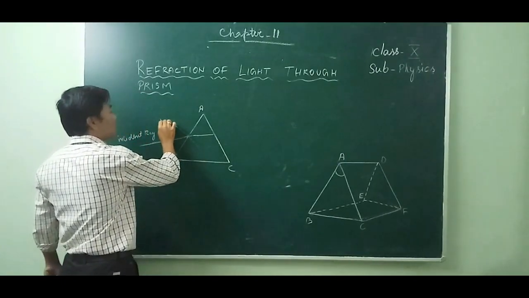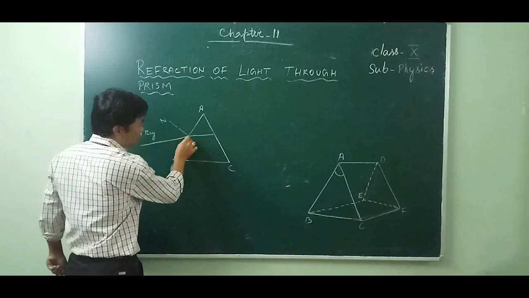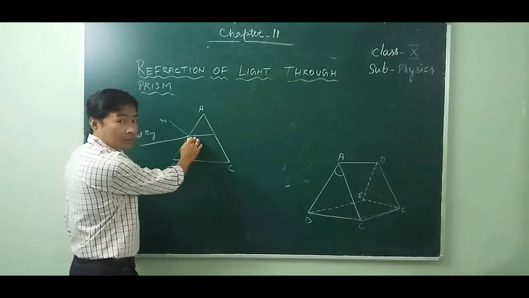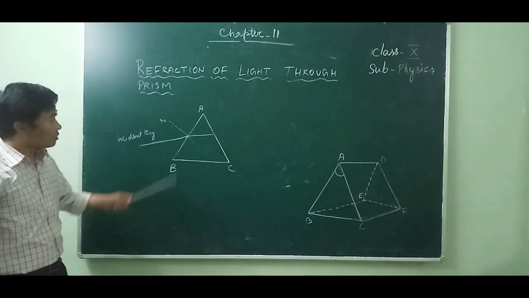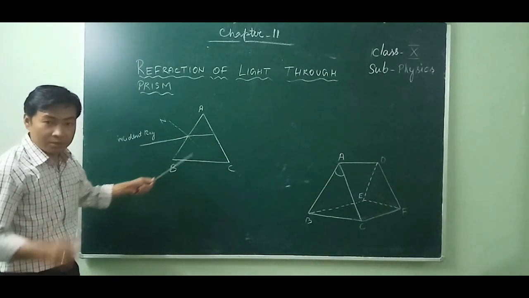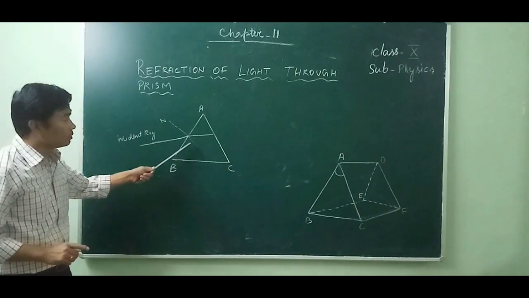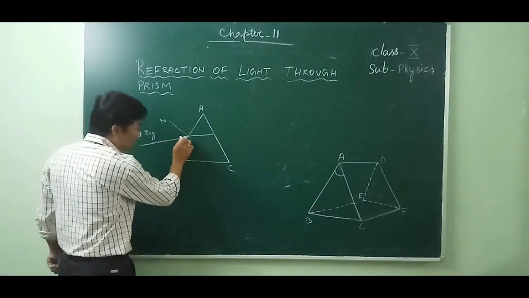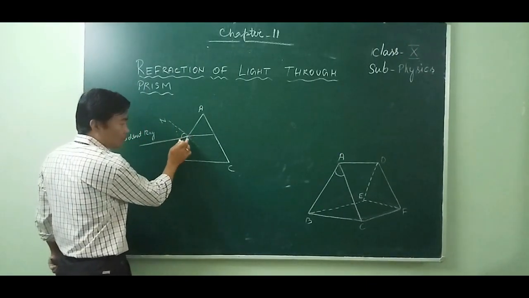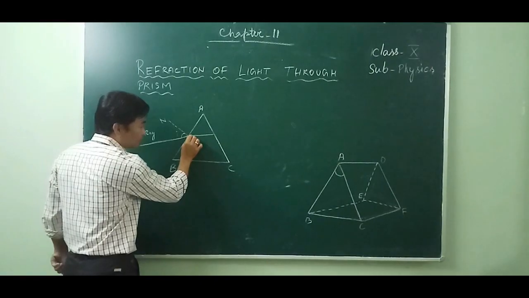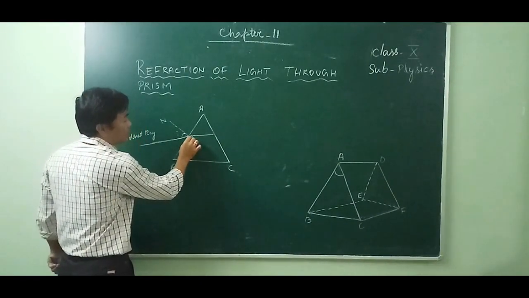This is the normal, this is the incident ray, and this is the refracted ray. So when the light ray travels from a rarer to a denser medium, meaning from air to glass, the light bends towards this normal. This angle is known as the angle of incidence, and this angle is known as the angle of refraction.